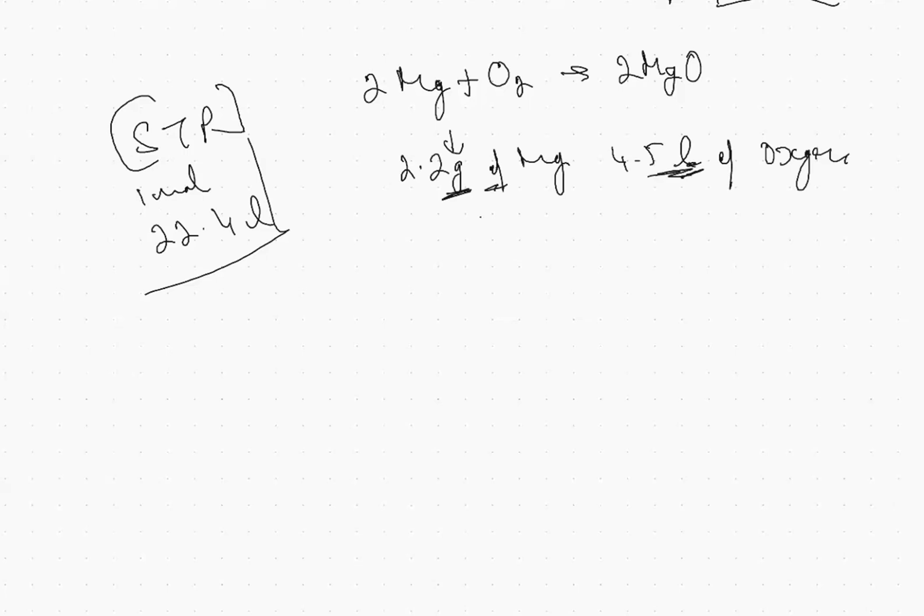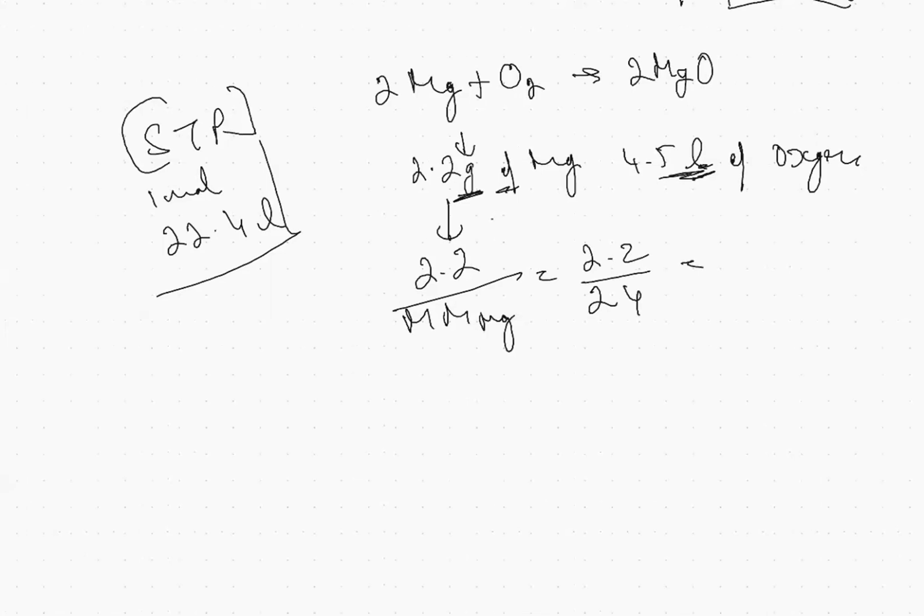So to find the number of moles here first, 2.2, you divide by the molar mass of magnesium. In this case, they haven't given it, so you look at the periodic table, and magnesium is 24. So 2.2 divided by 24, I get 0.09 moles of magnesium.